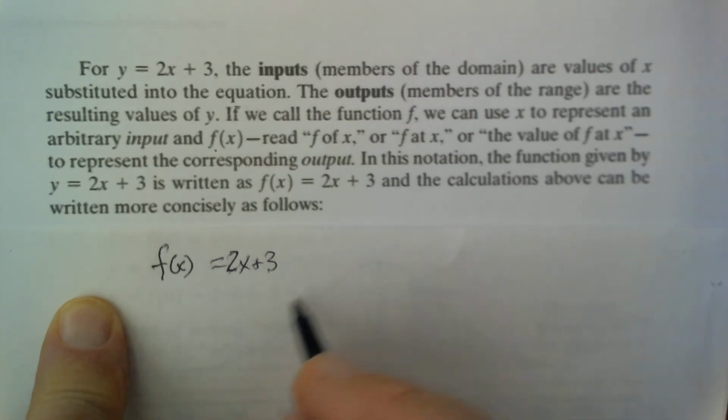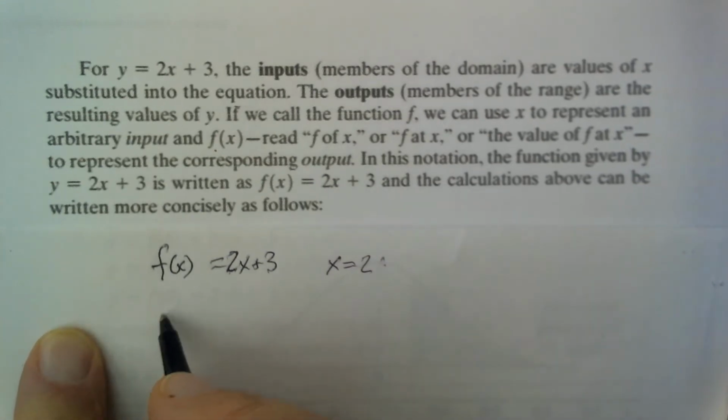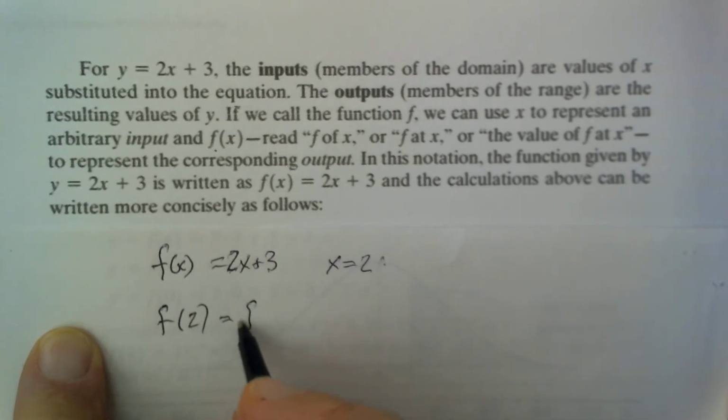we write this as f of 2. And what it really means is, what is the value of the function when x equals 2? That's what f of 2 means. It's an abbreviated version of f of x when x equals 2.